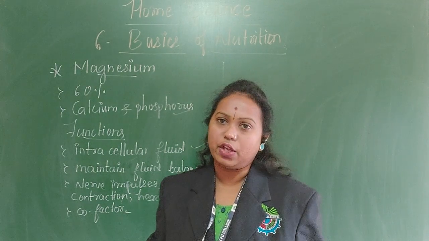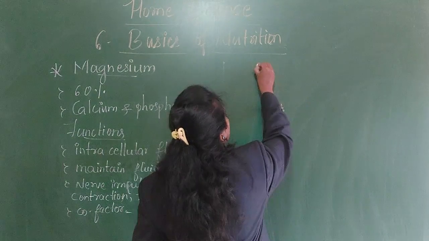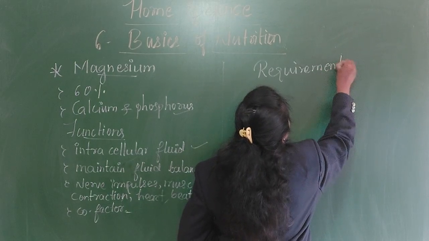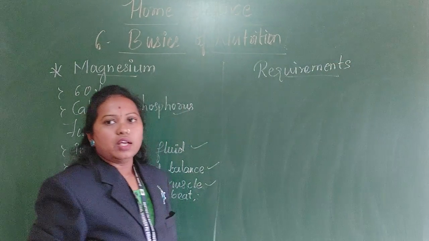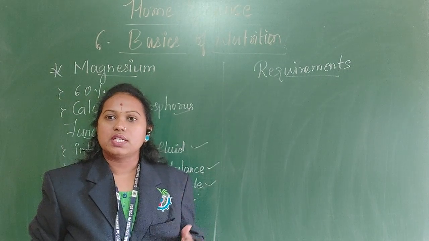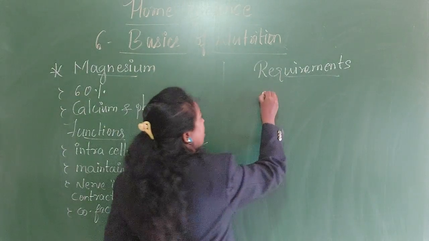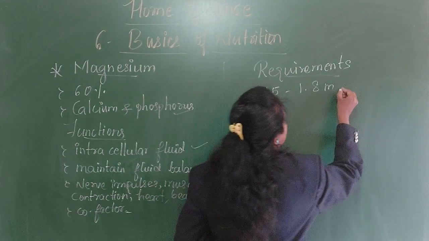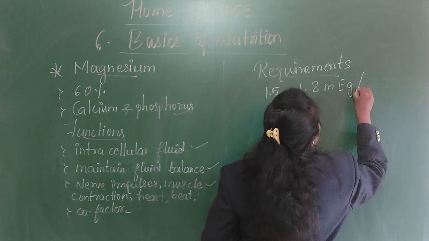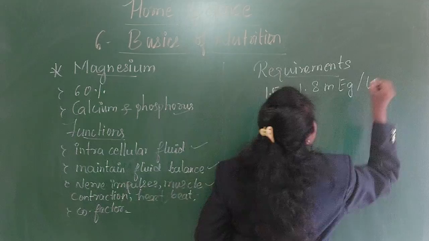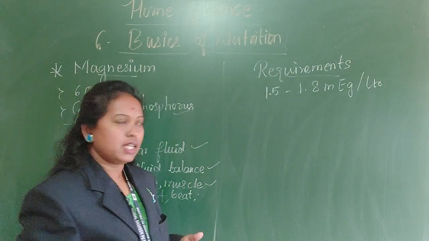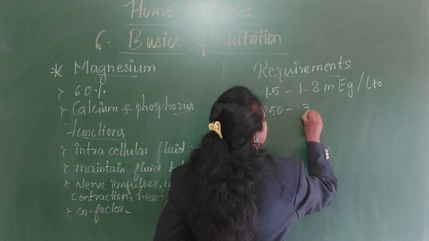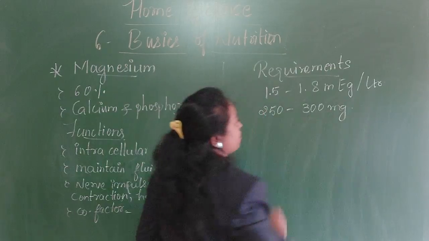Then, what is the daily requirement of magnesium? The plasma level is 1.5 to 1.8 mg per liter. The daily intake is 250 to 300 mg.